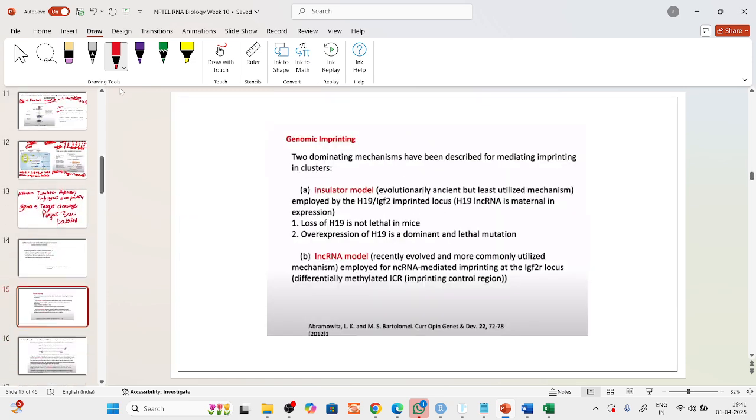Okay. So now there are two models for genomic imprinting. First is the insulator model and second one is the long noncoding RNA model. Genomic imprinting we have already discussed.